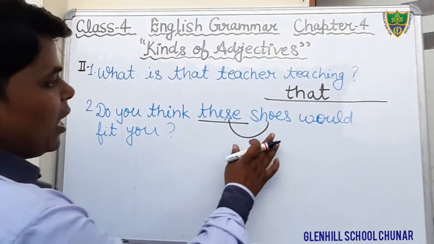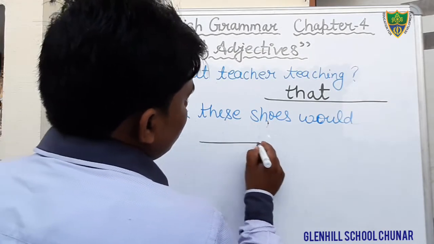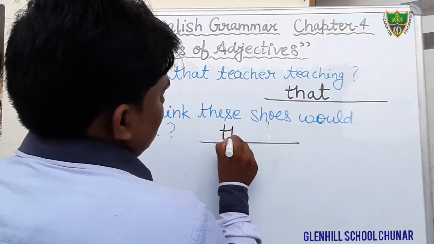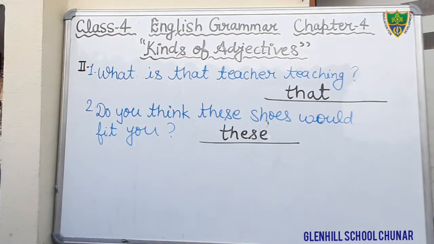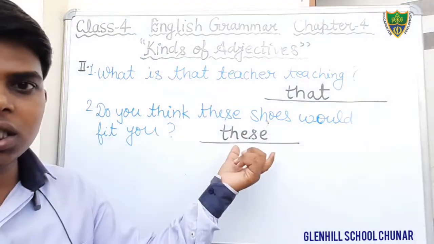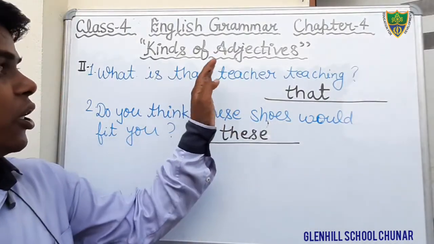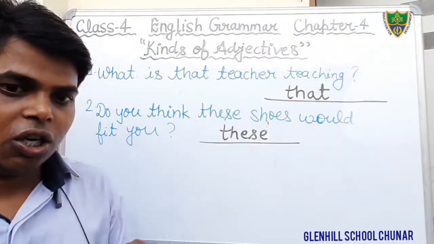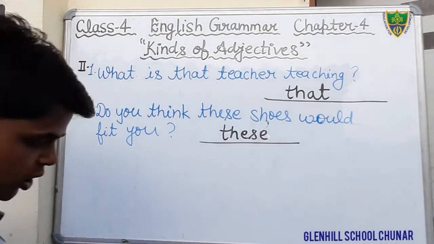In the blank we will write the word these, because the word these is the demonstrative adjective here. Okay students, just write down the word these. Come to the next question, question number 3.